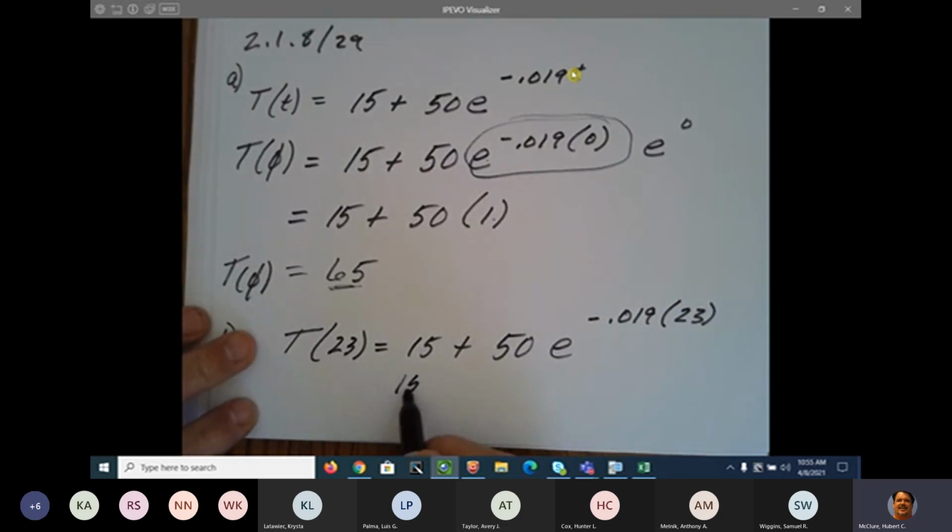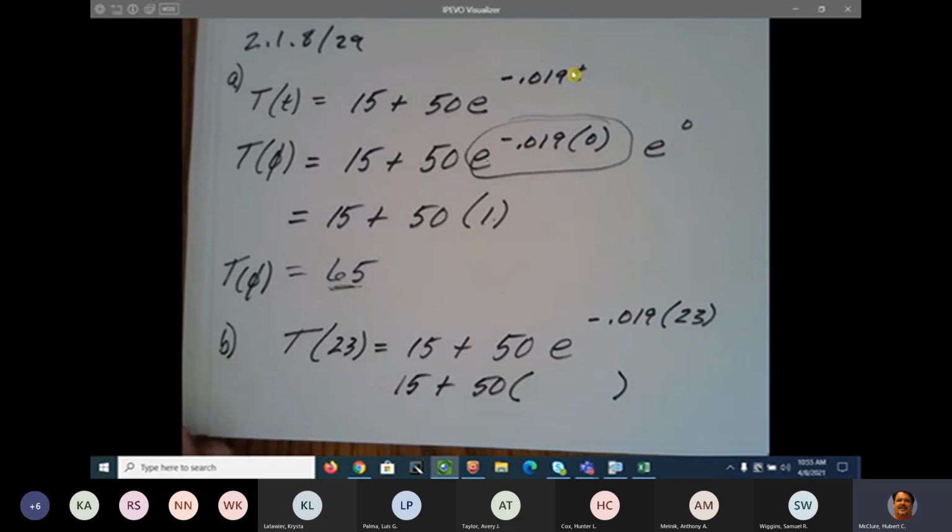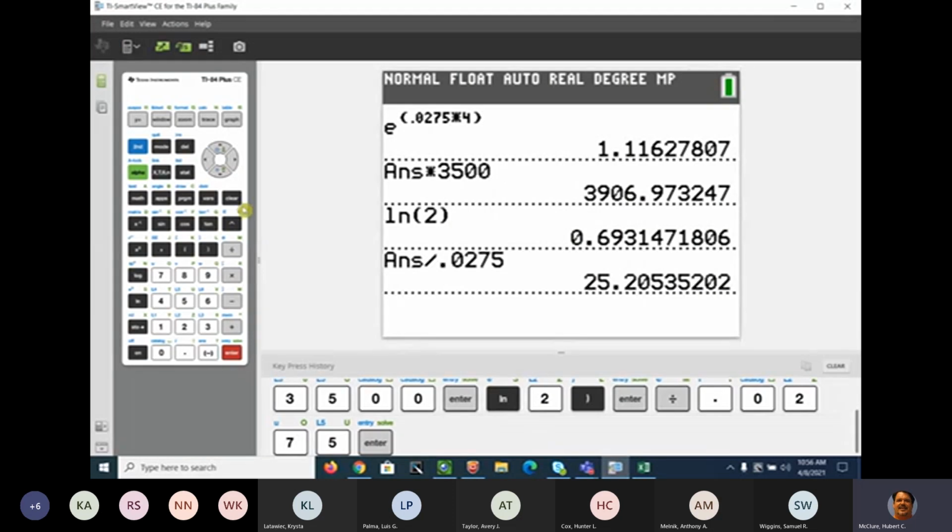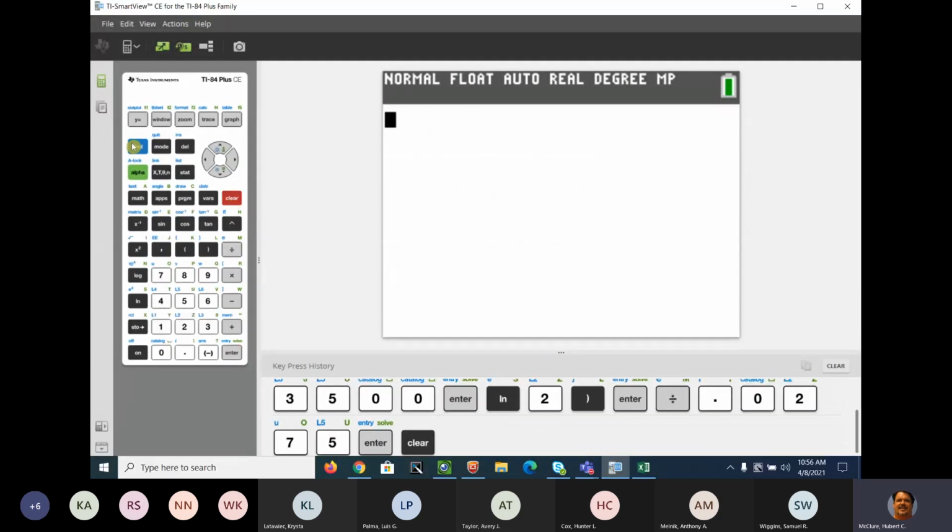And that's going to be 15 plus 50 times, and we're going to take our handy dandy calculator, and we're going to do clear, and I'm going to type in second E, and that's going to be negative parentheses, negative 0.019 times 23.